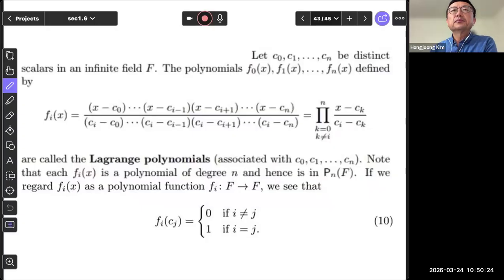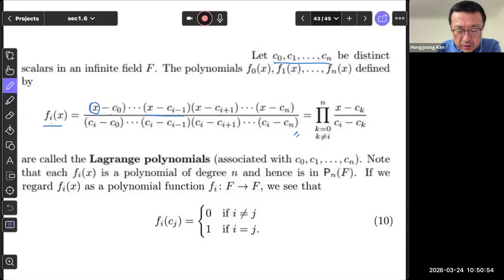Suppose that I have n plus 1 numbers, c naught, c1 up to cn, and I want to define f sub i of x by this expression. In the numerator, I have x minus c naught, x minus c1 up to x minus c sub i minus 1.